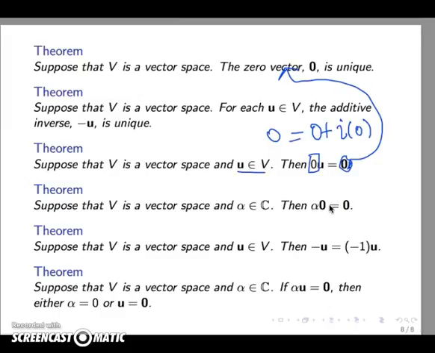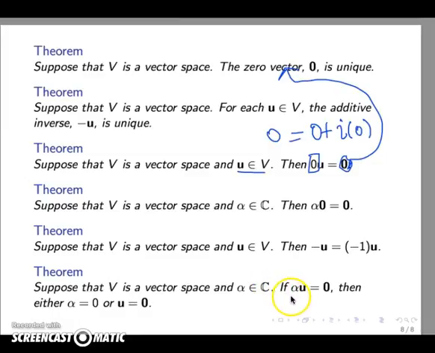That is defined in one of the properties for a vector space. And if you multiply an arbitrary scalar times the zero vector, you get the zero vector. That's the next theorem. The inverse under addition, also called the additive inverse, is equal to the scalar multiplication of negative 1 times u for an arbitrary vector u.